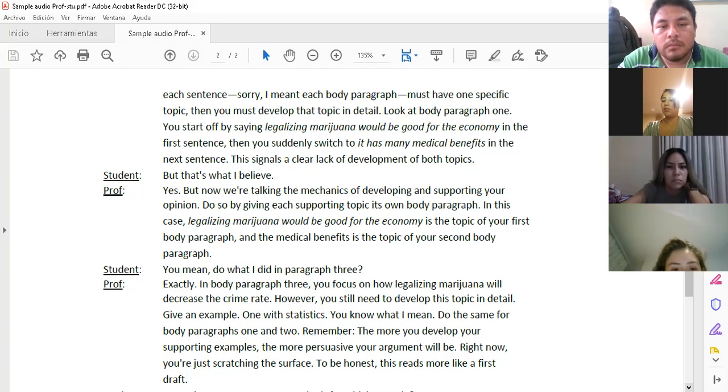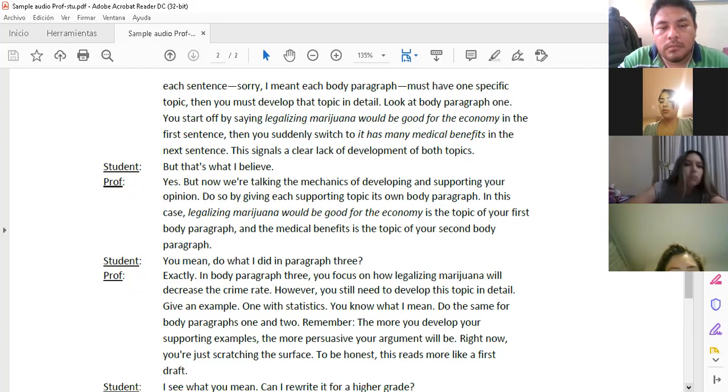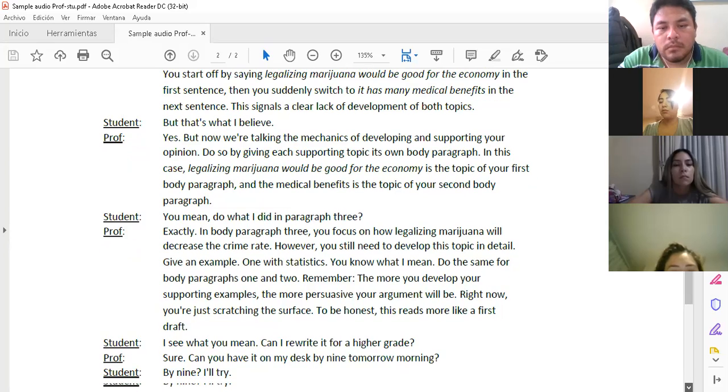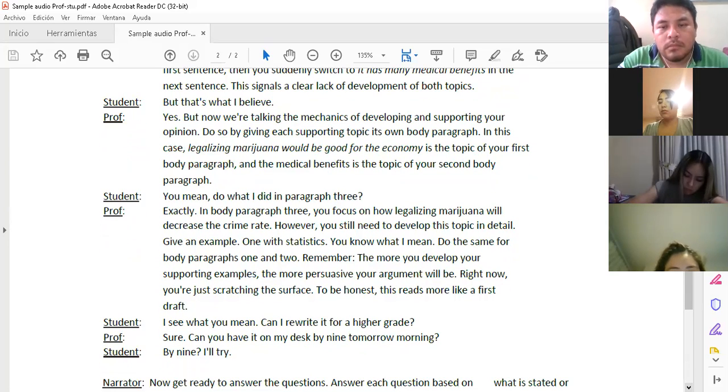This signals a clear lack of development in both topics. But that's what I believe. Yes, but now we're talking the mechanics of developing and supporting your opinion. Do so by giving each supporting topic its own body paragraph. In this case, legalizing marijuana would be good for the economy is the topic of your first body paragraph, and the medical benefits is the topic of your second body paragraph.